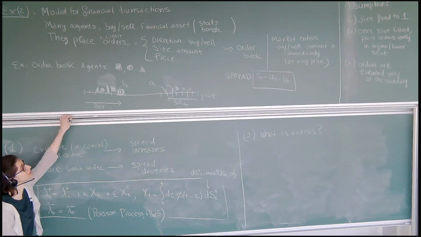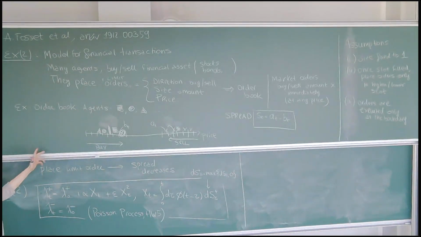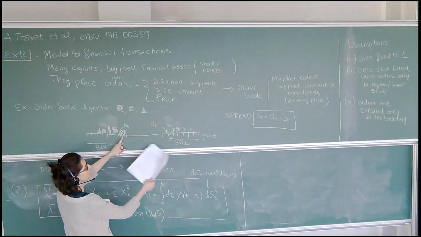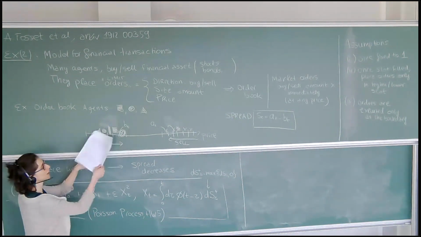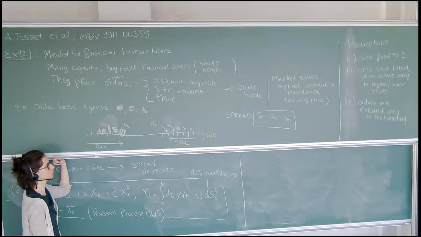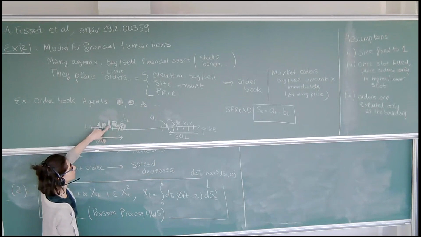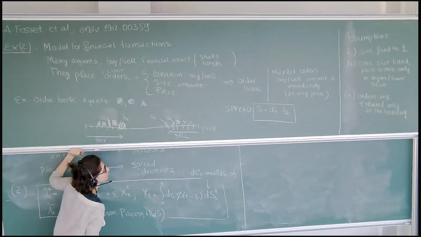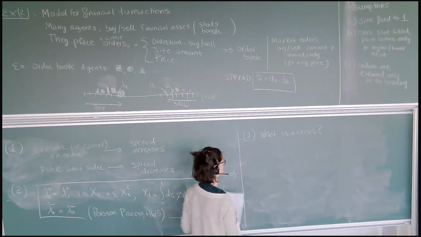And if the spread increases, this means that this difference becomes larger and larger, which means that essentially you have no longer exchanges in your economy, in the sense that the people that want to buy at a price which is much lower than those that want to sell, and the people keep canceling their order or executing their order, and therefore there are no longer exchanges, and this is how you interpret that a crisis is occurring.